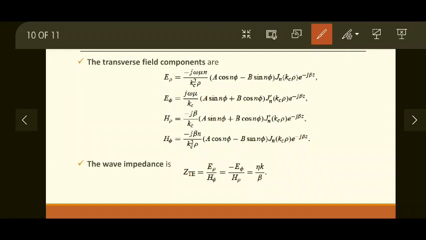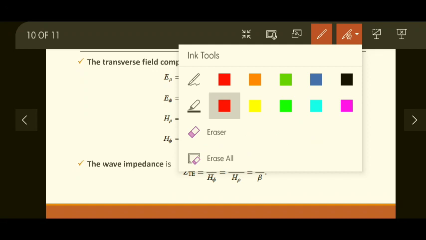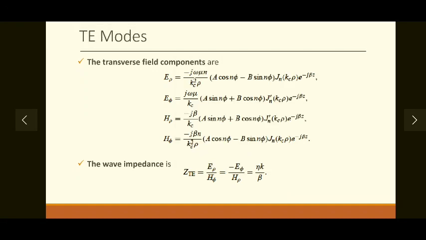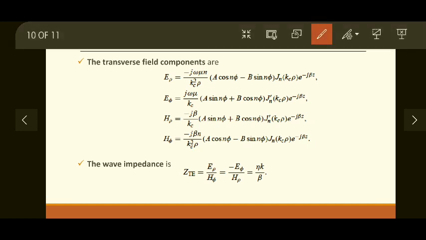Further, you can also calculate transverse field components of the entire circular waveguide. All of these are obtained from the general solution. Refer to the general solutions and calculate all the transverse field components.